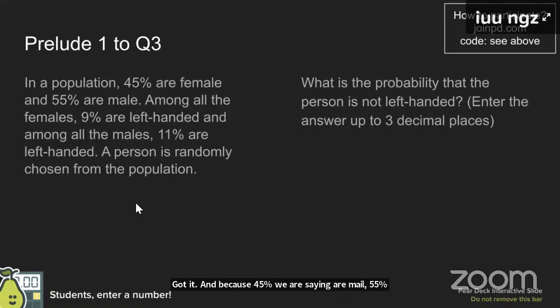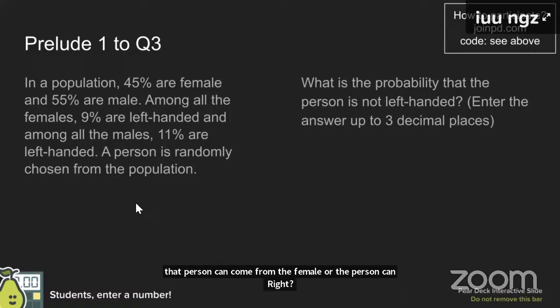Among the female, 9% are left-handed, and among the male, 11% are left-handed. We have to find another event, E, where the person is left-handed. That person can come from the female or from the male, right? So this is nothing but the setup for the law of total probability.